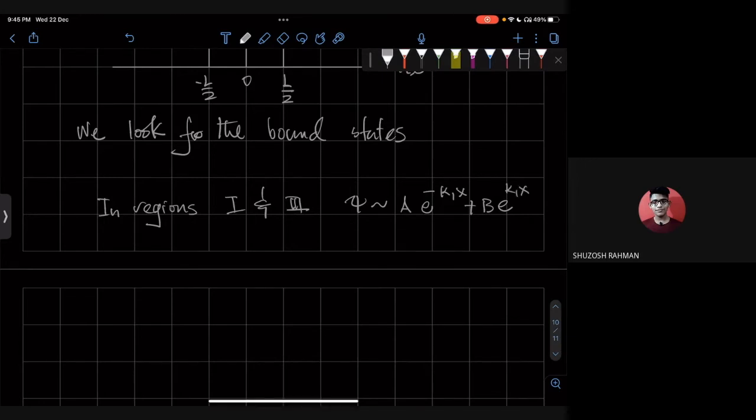By K1, I mean this: K1 is the square root of 2m (V naught minus E), divided by h bar.